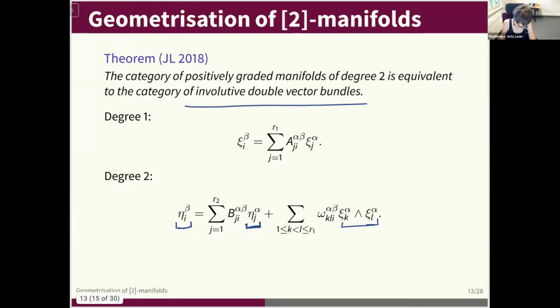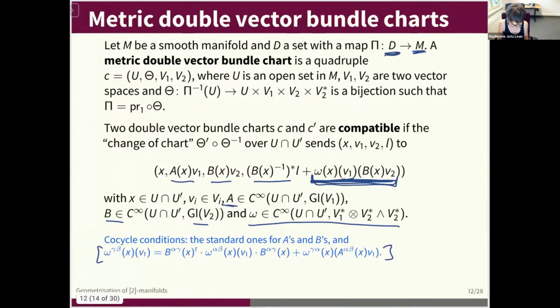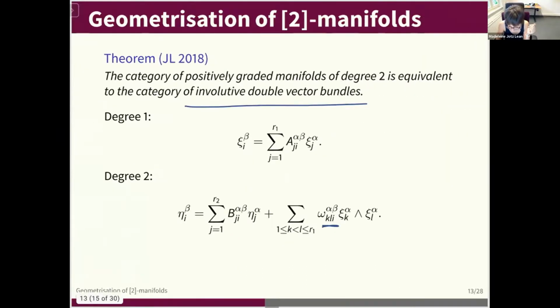When you write this general formula, my ith generator of degree 2 for the chart beta is a linear combination of all those degree 2 elements, where you get the B and the omega, and they will satisfy the same cocycles as this double vector bundle. So it's a very bare-hand construction.